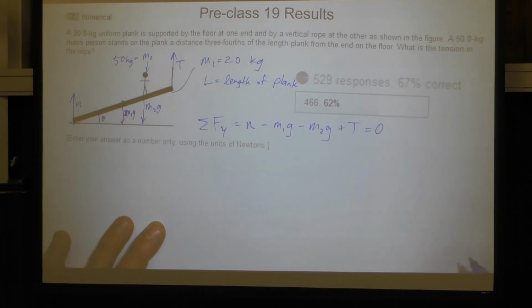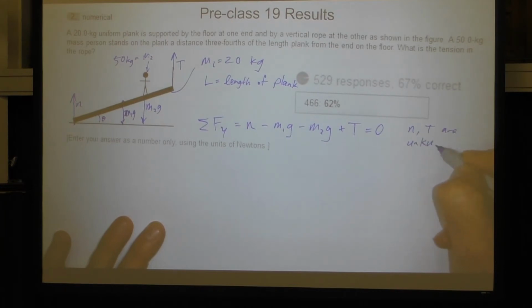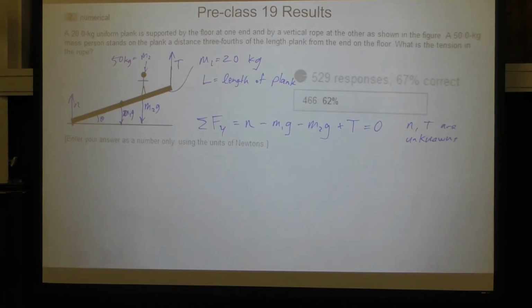The problem here is that N and T are unknowns. So you can't really solve this just using the force equations. You don't know what the normal force is, and that's going to end up setting the tension. So you have to use torques. What I like to always do in these problems is check to just see if the old equations will work. Okay, it didn't. So let's use torques.